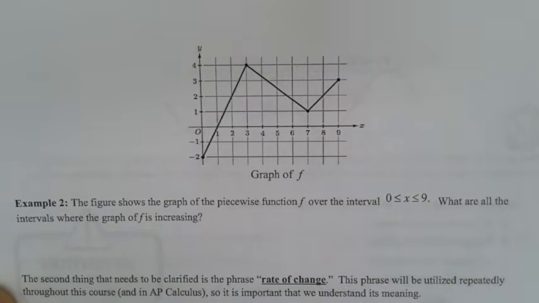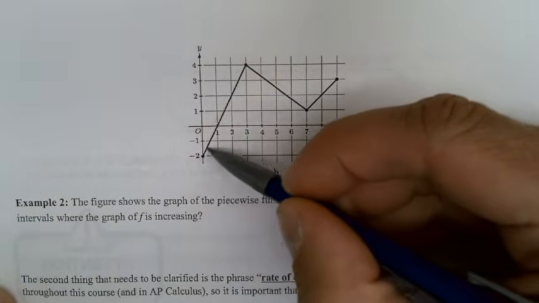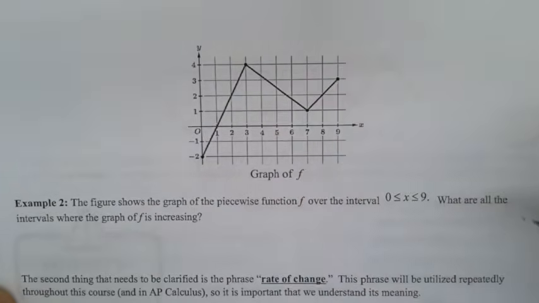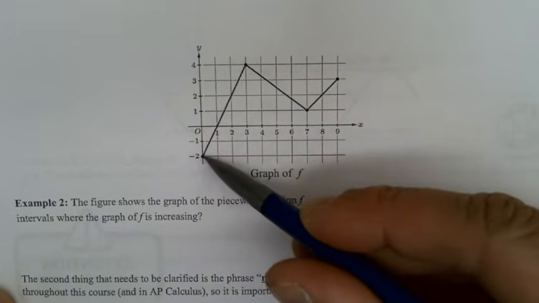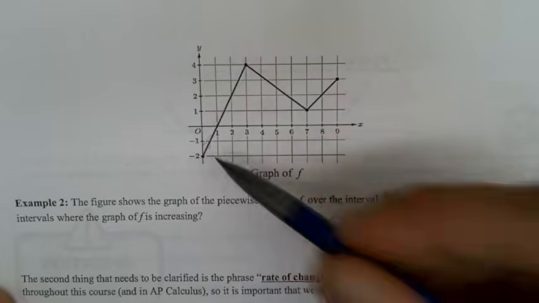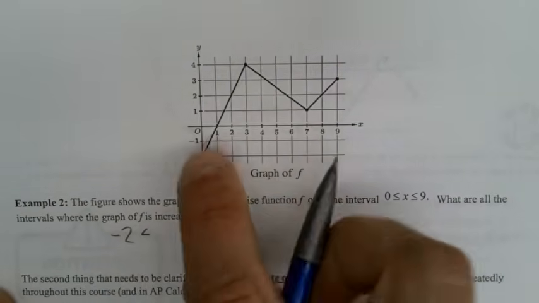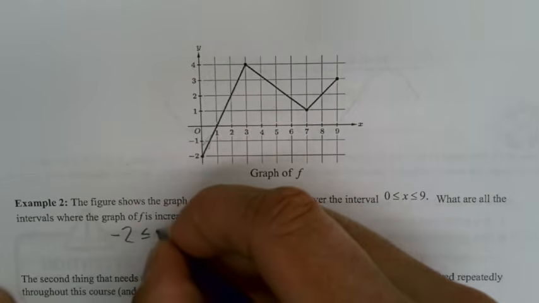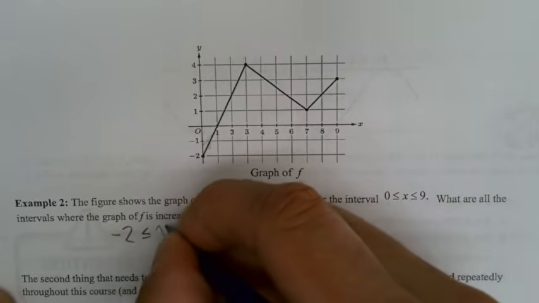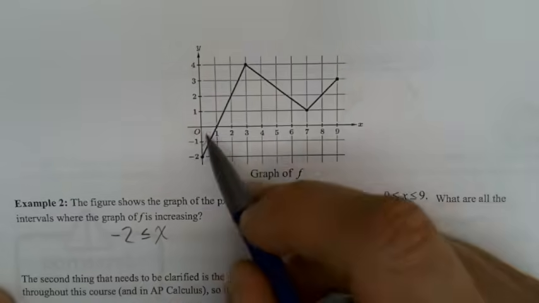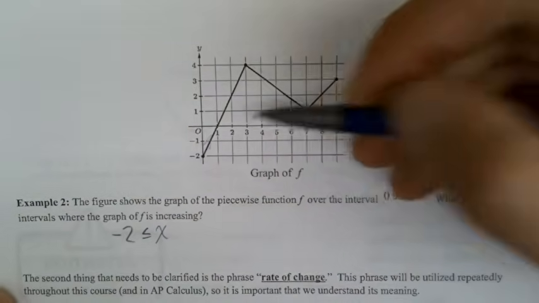What are the intervals where the graph is increasing? So even though this is less than 0, it's going up. The slope is positive. So from -2, less than, and it does have a closed circle, so the function can be equal there. So I put a less than or equal. We're talking about the domains or x values, and it stops at 3.